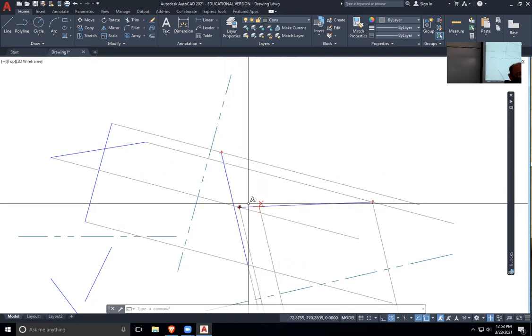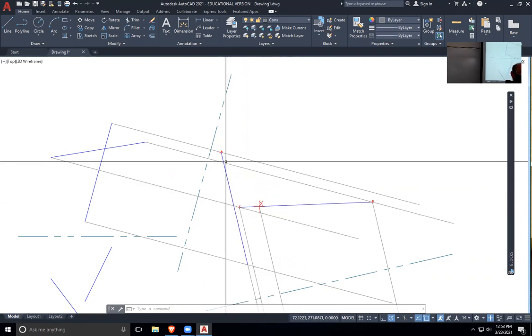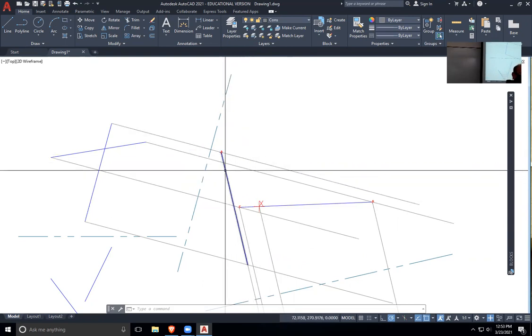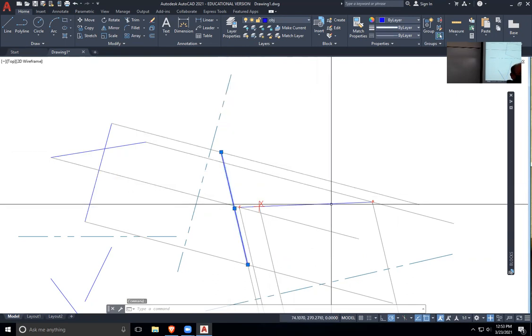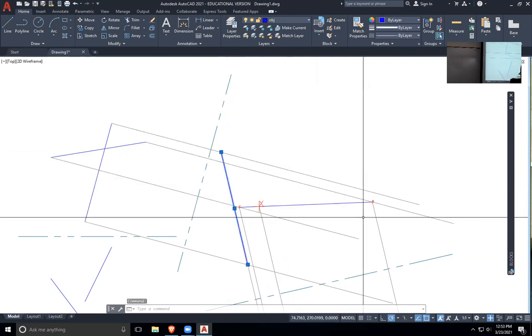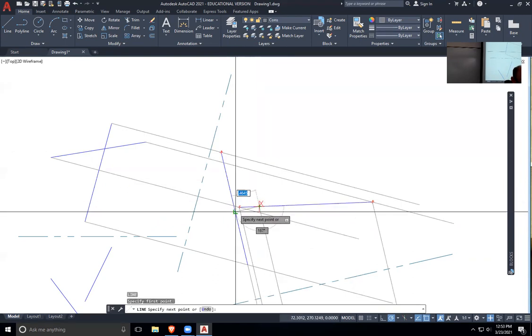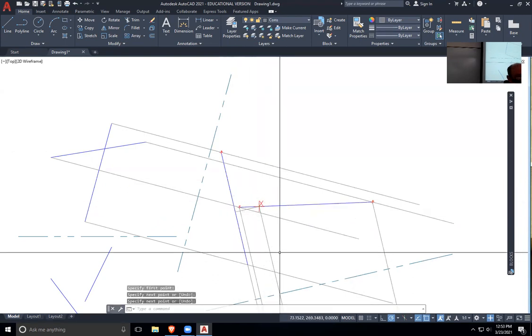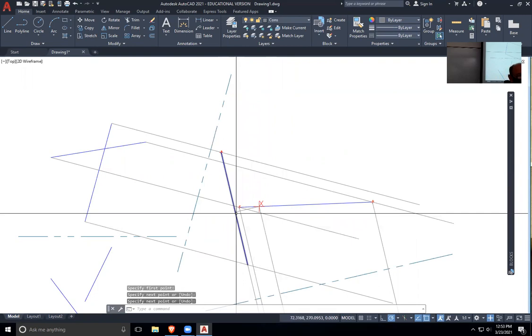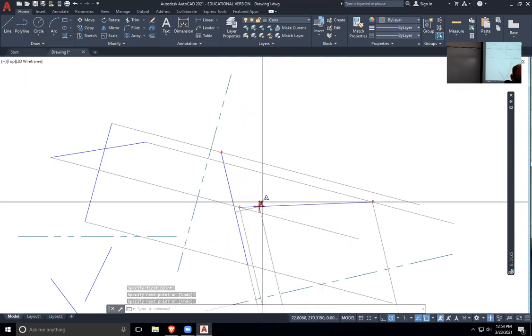I know it's going to be perpendicular to this line because that's the shortest distance to the line in its true length. So we can draw the line here, perpendicular, and I would call that point Y.